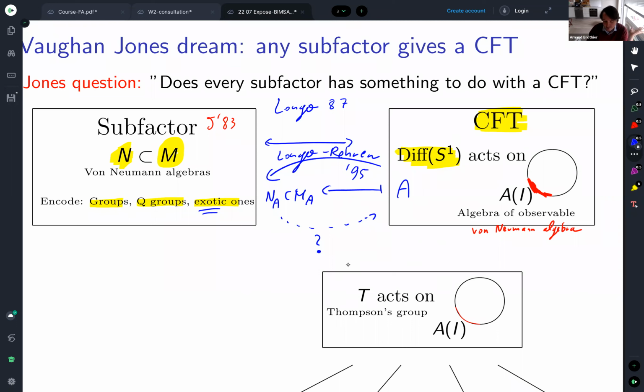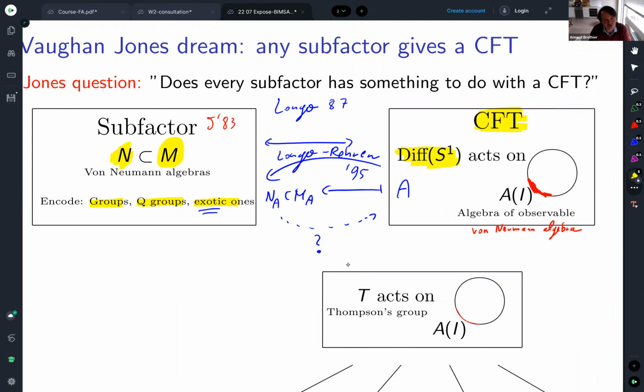And so the last approach, I'm not giving the details, but the last approach starts from a planar algebra, which is kind of a combinatorial object that also has a circle, but only finitely many points on it. And he tried to fill the circle by adding more and more points. Okay.